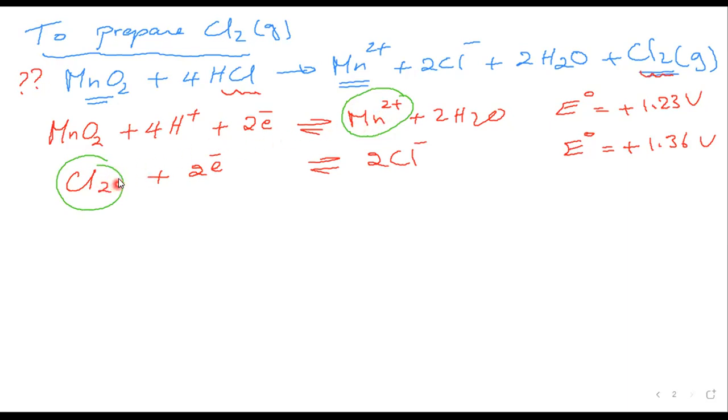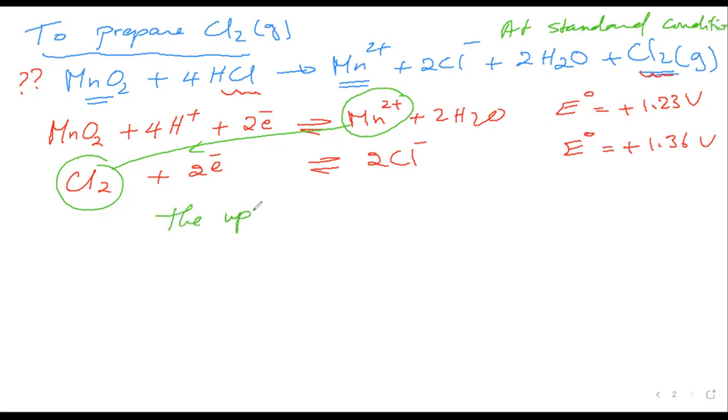But they don't want this reaction. They want the opposite one, that MnO2 reacts with HCl to form Mn plus 2 and chlorine gas. They want the Mn plus 2 and the chlorine gas to be products, not reactants. When we write it this way, the Mn plus 2 and the chlorine are the reactants, not the products. We want them to be the products. Which means that at standard conditions, because all our reactions are at standard conditions, this reaction is not feasible.